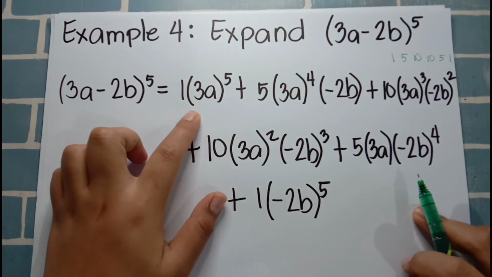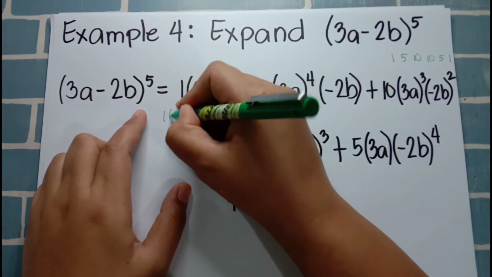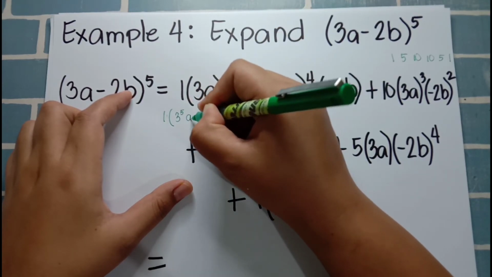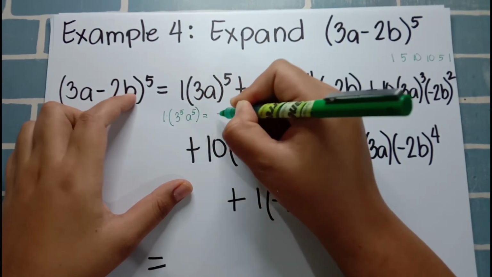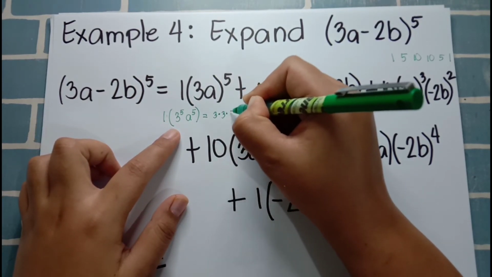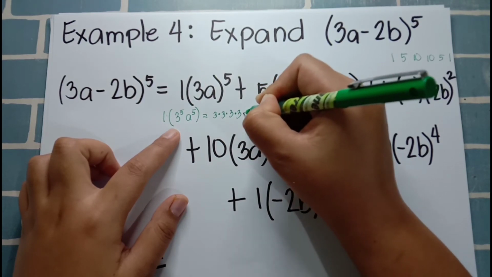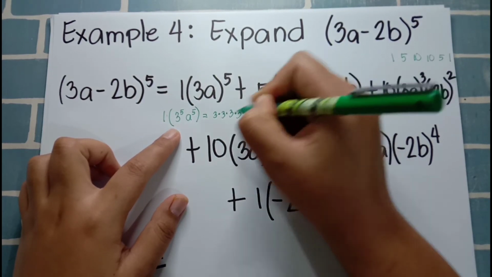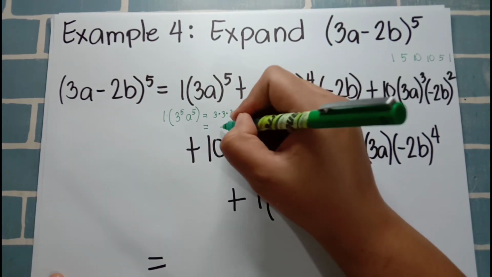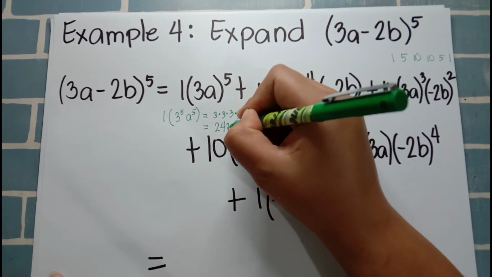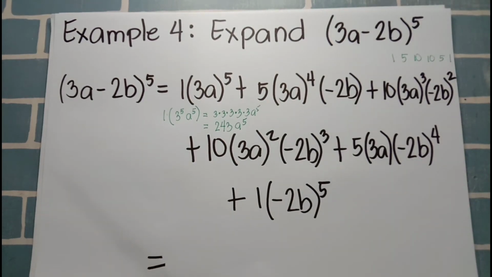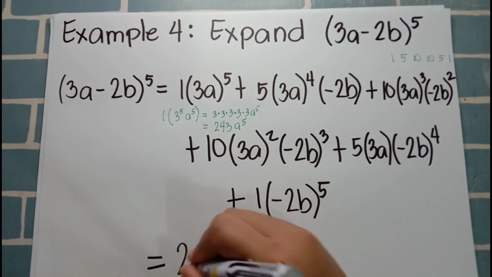Now let's solve for each term. So 1 times 3 raised to 5 is 3 times 3 times 3 times 3 times 3, a to the 5th power. You may use your calculator in multiplying 3 5 times, or just raise it with 5. So it is equal to 243 a to the 5th power.